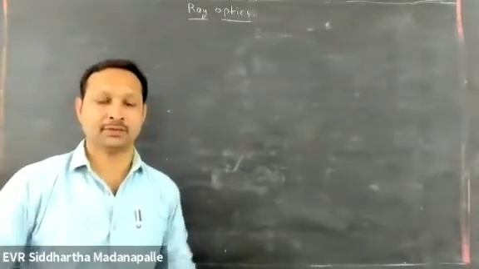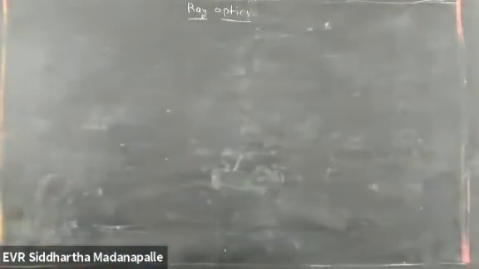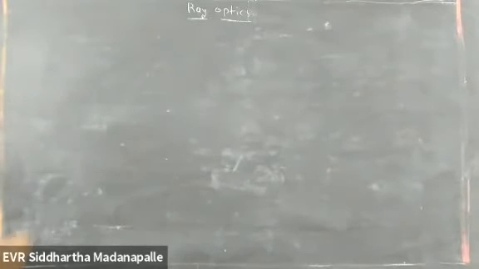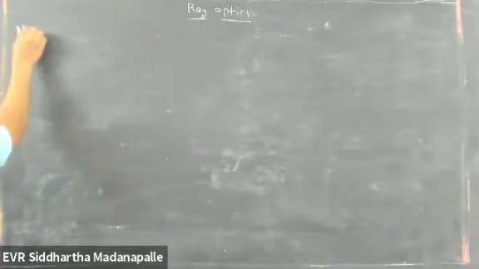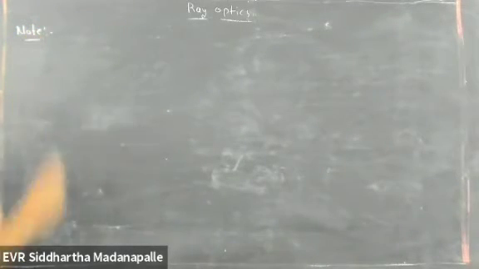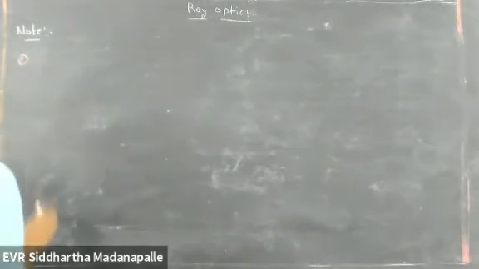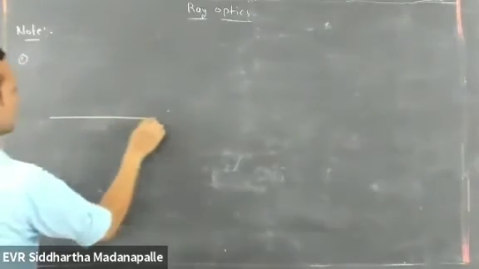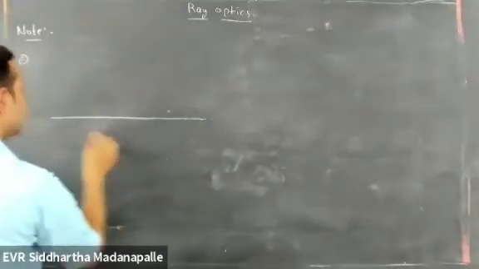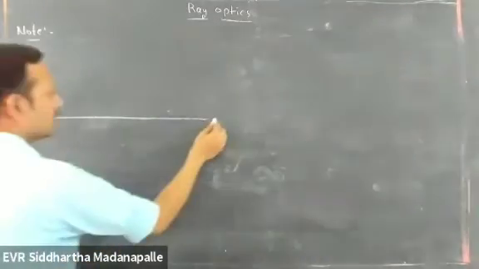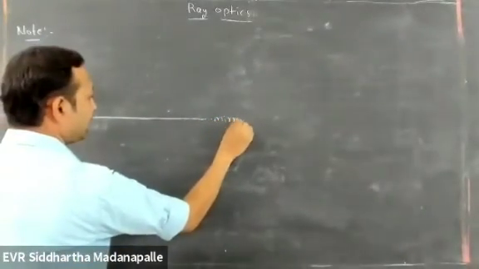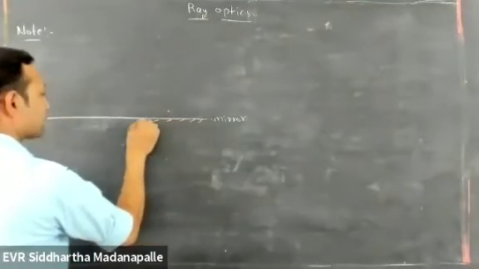So here I am going to discuss the angle of deviation again. Let us write some notes here. Let us consider this is the interface or any mirror, a plane surface.